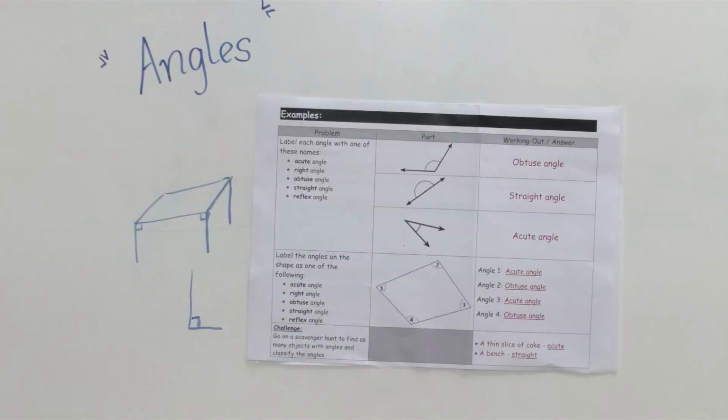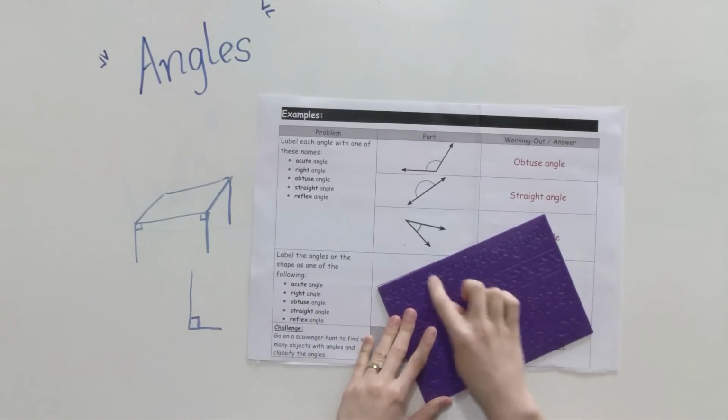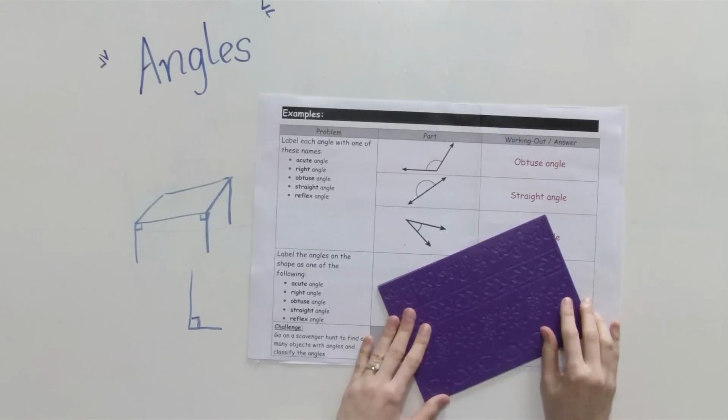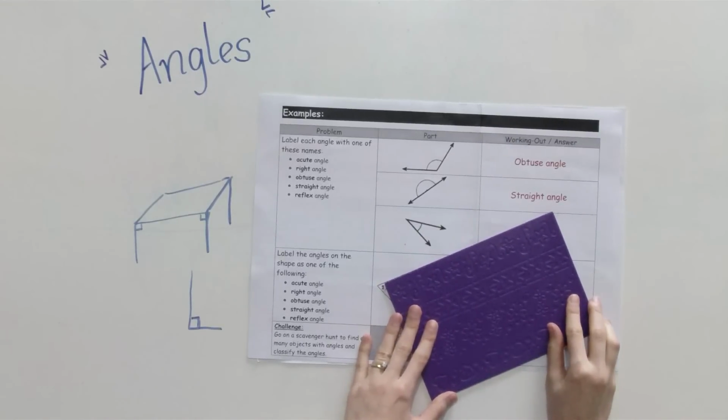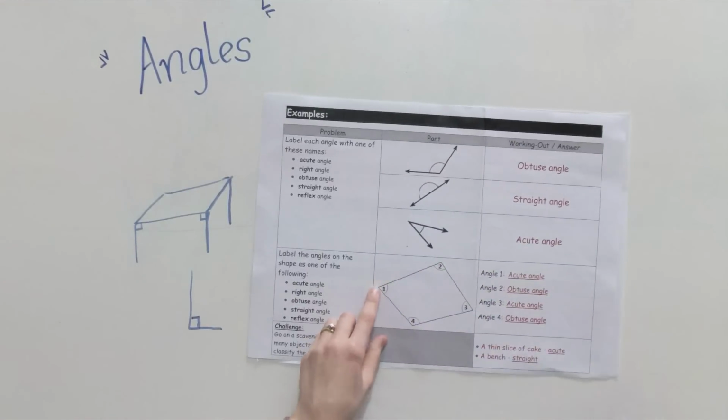It's a bit smaller. I like to compare it by using some paper sometimes. If we line this up along that line there and move it this way, it's smaller. It's not quite a right angle yet. That's why it's an acute one.